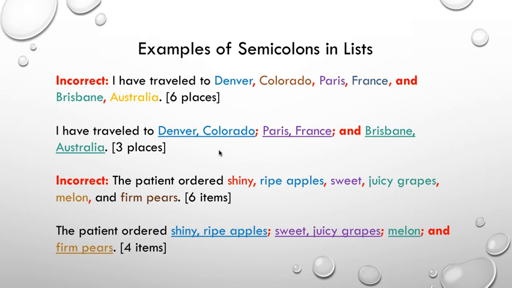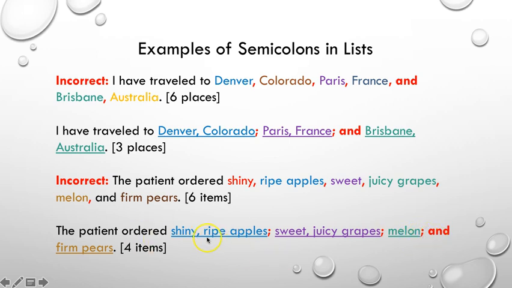So in reality, what's going on here is that there are 2 adjectives preceding a noun, and the adjectives aren't cumulative, so you have a comma between those adjectives with 2 of the items in the list here, the apples and the grapes. So what you would need to do is say shiny, comma, ripe apples, semicolon, sweet, comma, juicy grapes, semicolon, melon, semicolon, and firm pears.